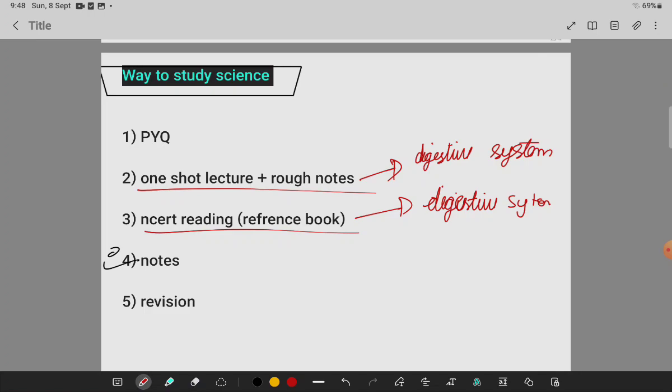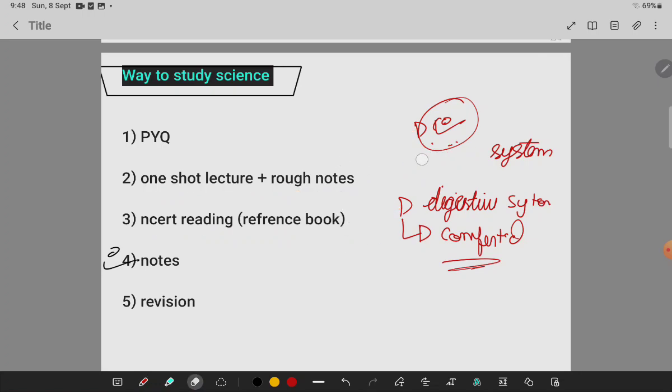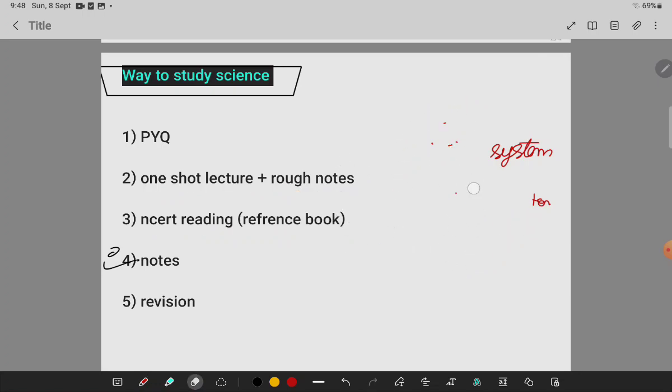So if you are comfortable with it, you can write this in your notes. So make the two things: first, see the one shot lecture and rough notes, and by reading the NCERT line by line you will get which point is easier for you, and those points are going to be noted in my notes.